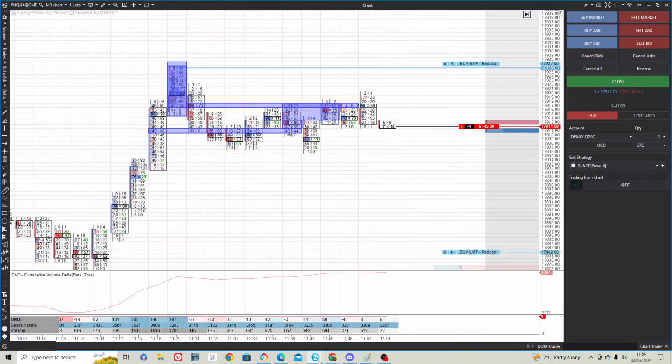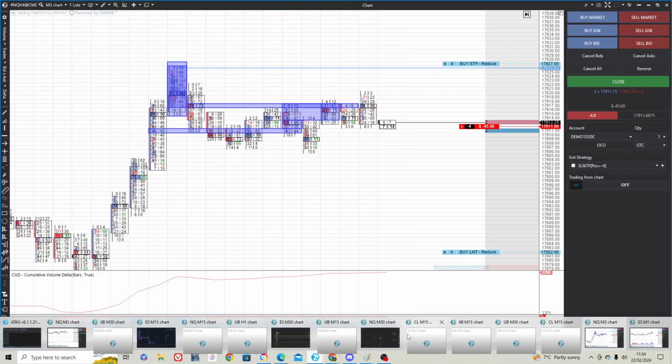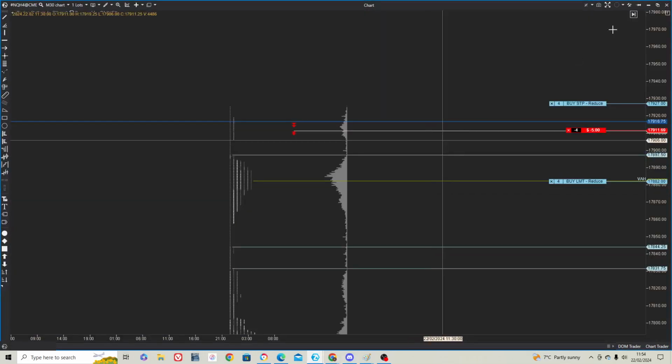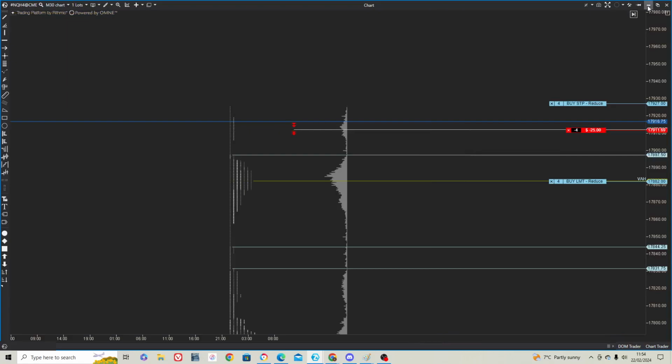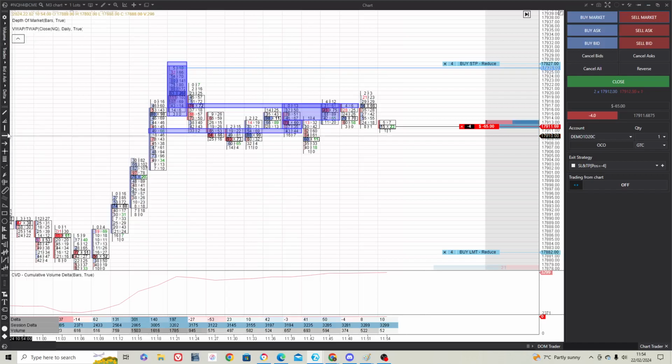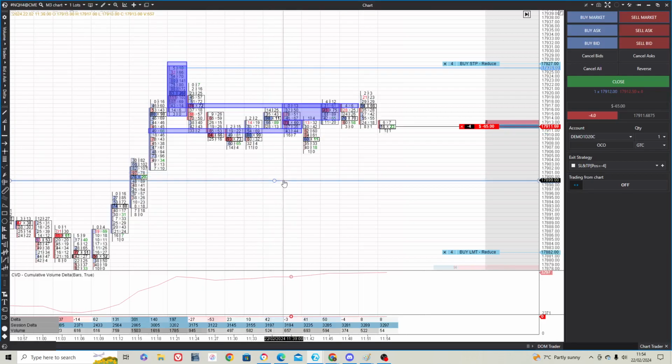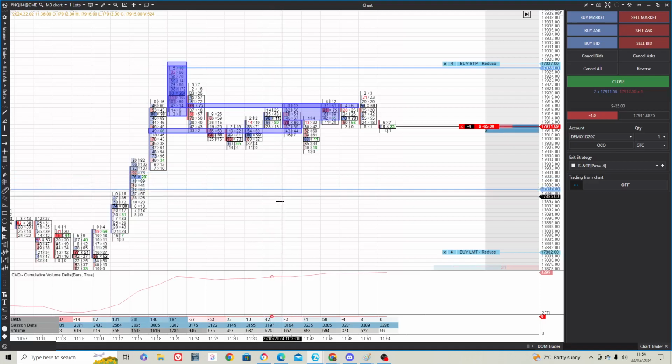Now let's just remind ourselves where that single print is. 17897. So we'll need to watch this level very carefully and possibly take a couple of contracts off.